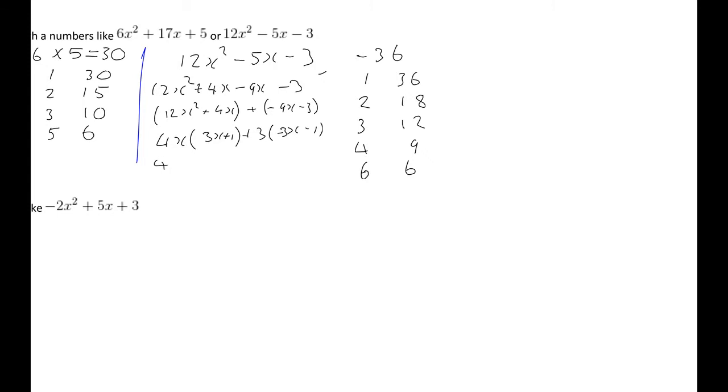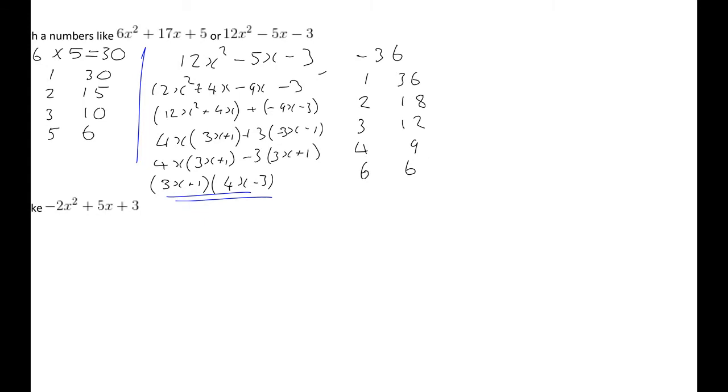So actually, it can be 4x(3x plus 1) minus 3(3x plus 1). Now, again, that and that are the same. So both of these have a factor of 3x plus 1. So 3x plus 1 comes out. We have 4x minus 3 of them. There we go. That's the other one done.